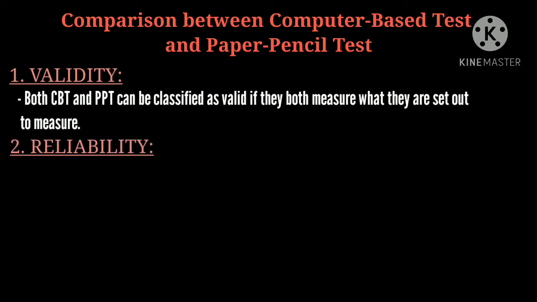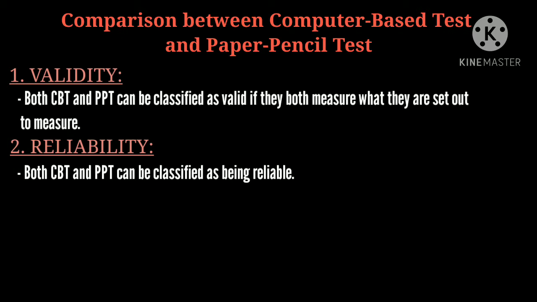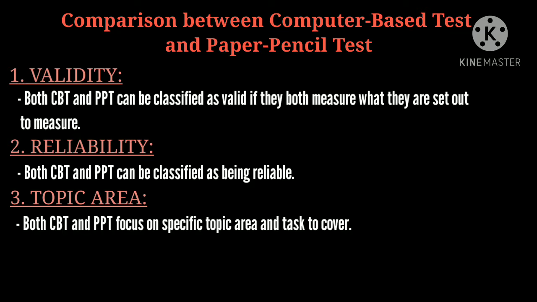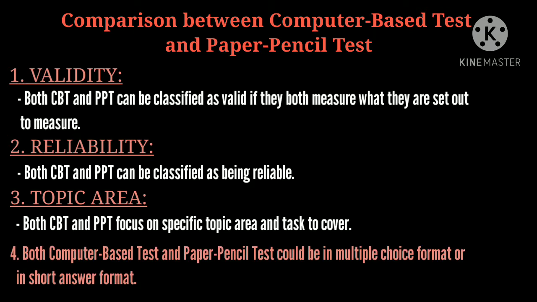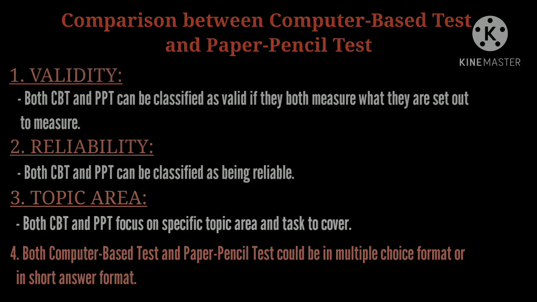Number 2, reliability. Both can be classified as reliable. Number 3, topic area. Both focus on a specific topic area and tasks to cover. Number 4, both could be in multiple choice format or short answer format.